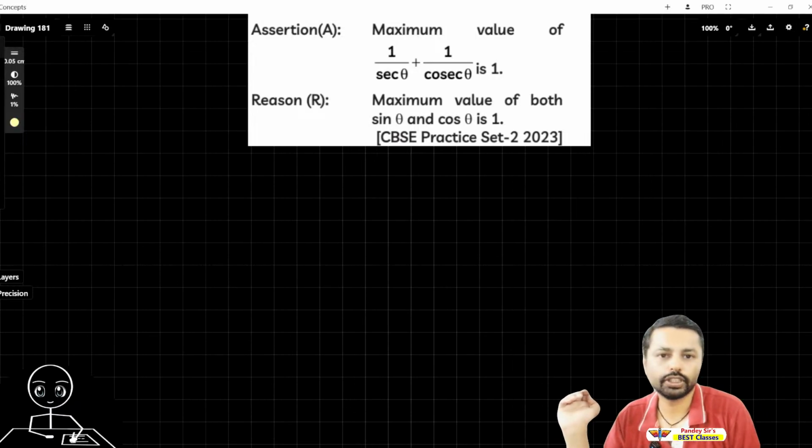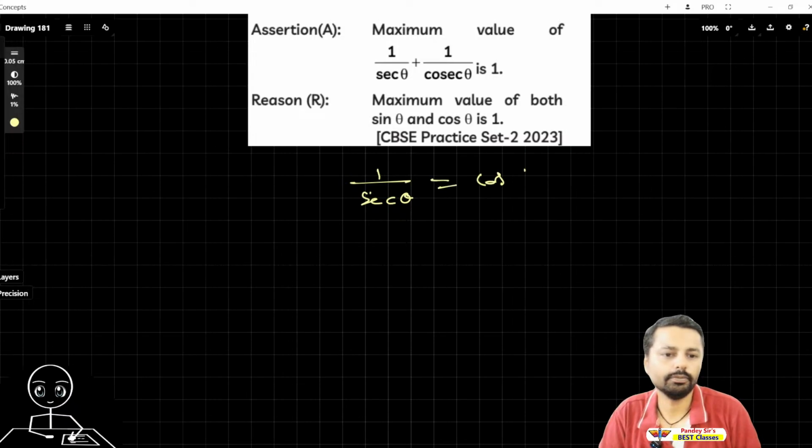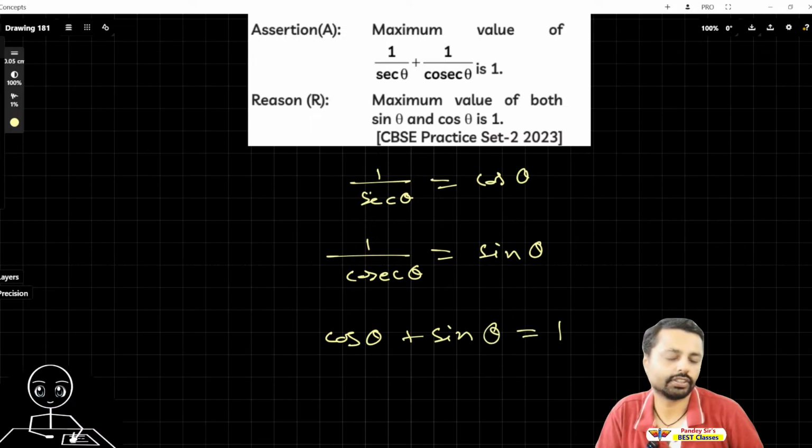So let's do it once. 1 by sec theta equal to cos theta, and 1 by cosec theta equal to sin theta. So they have said that cos theta plus sin theta equal to 1.